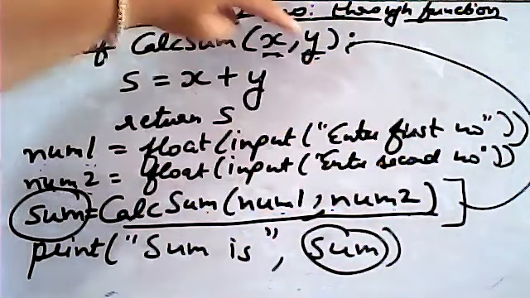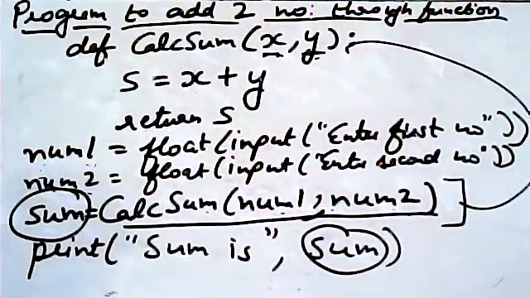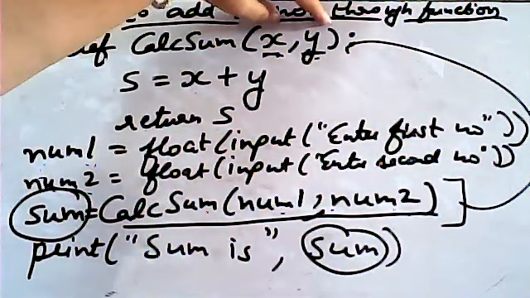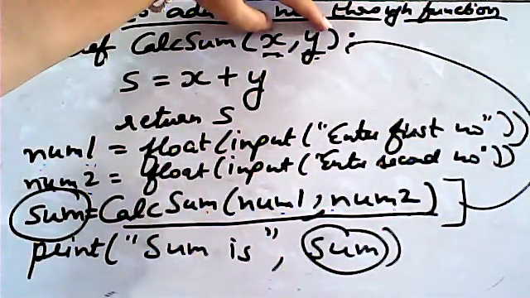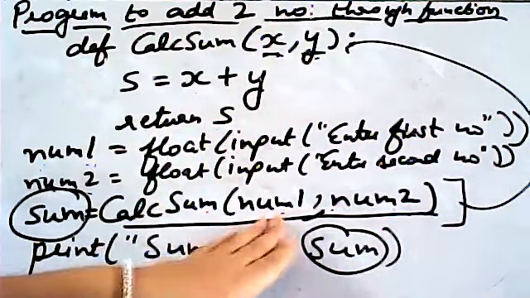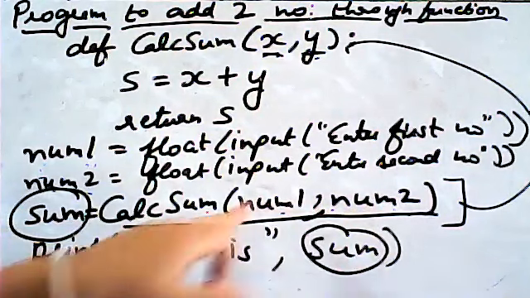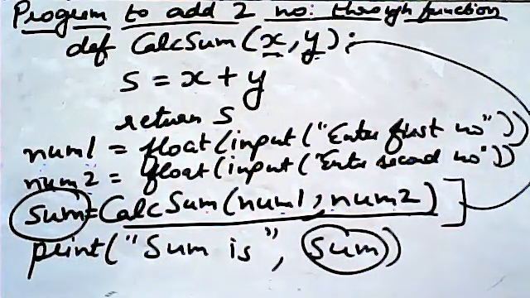This is passed, this is received. If it is received, it is known as a parameter. Value being received is a parameter and value being passed is an argument. Got it? We have two words: the argument word and the parameter word.